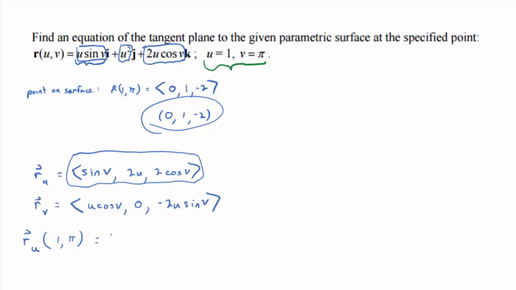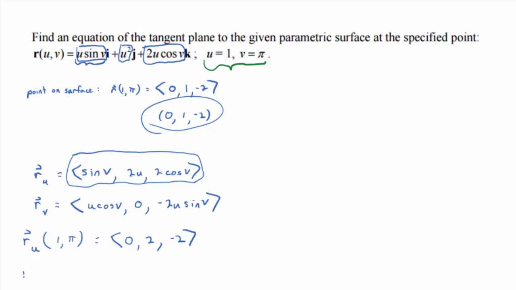Sine of pi is 0, isn't it? And then 2 times 1, 2. And then 2 cosine v. What's the cosine of pi? So -2. Everybody see where I'm getting at?